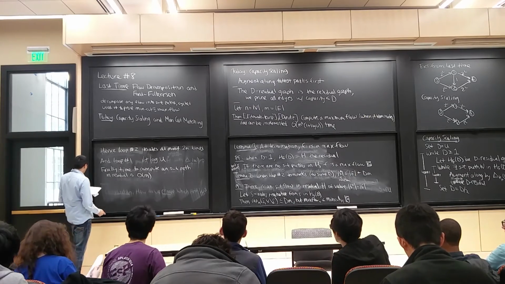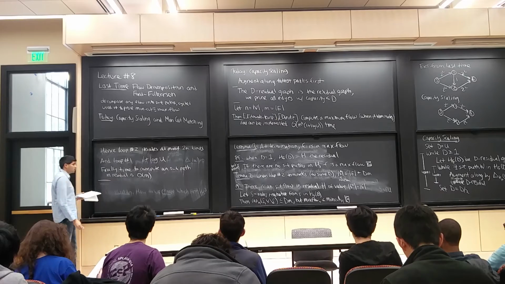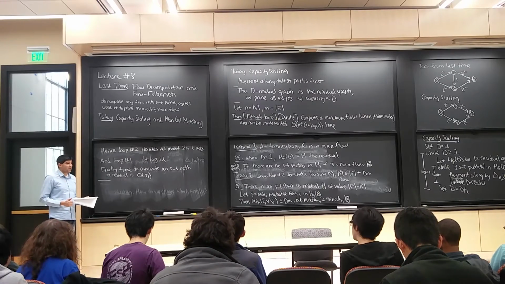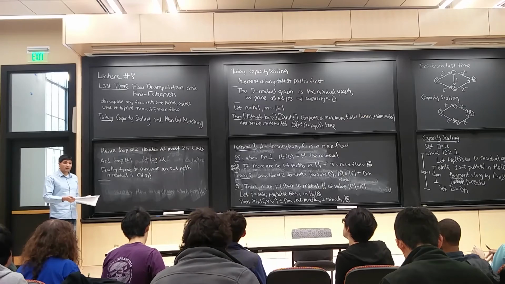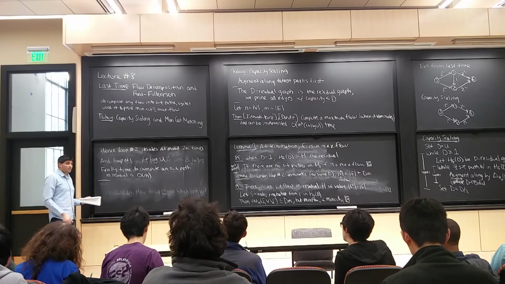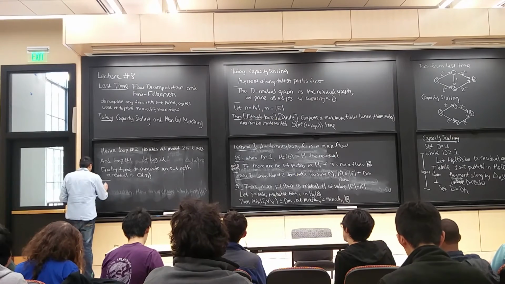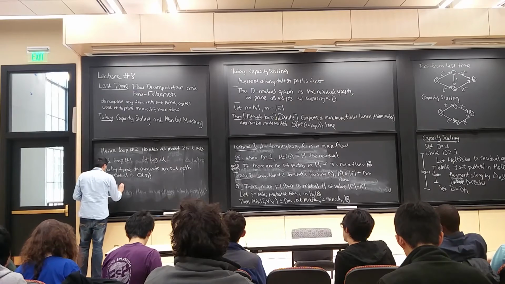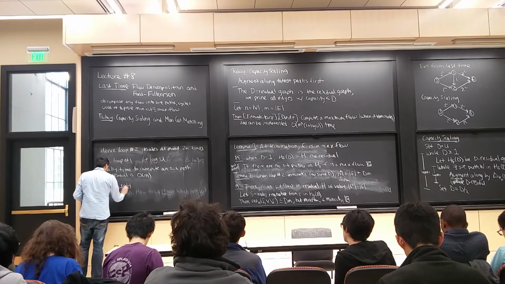So let me take a step back and tell you a little bit about some of the nomenclature. We already introduced the nomenclature of pseudo-polynomial, because it wasn't polynomial in the bit description complexity of one of the sizes. What we actually gave here is something called weakly polynomial.